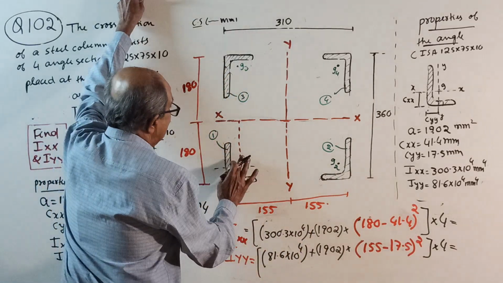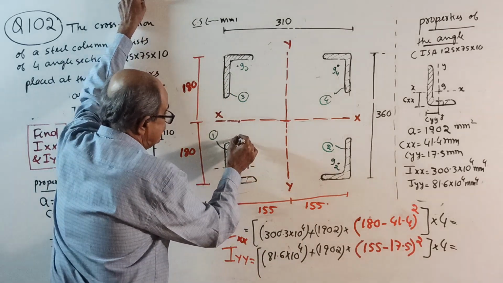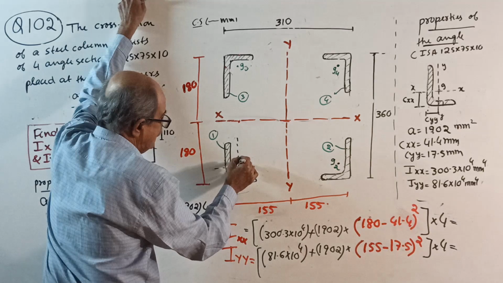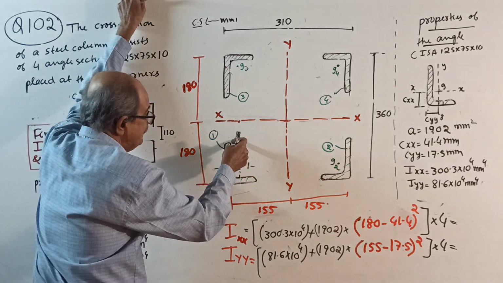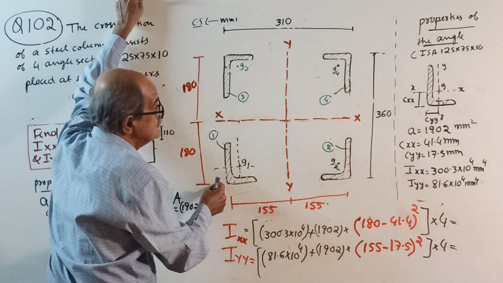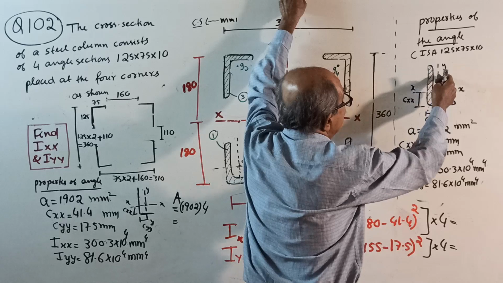Now, IYY. Again this angle. First, I about its own centroidal axis parallel to YY. This axis is parallel to the longer leg, same as this axis.